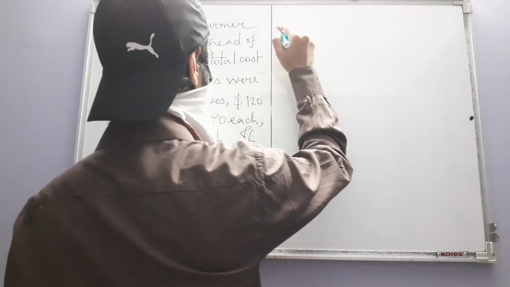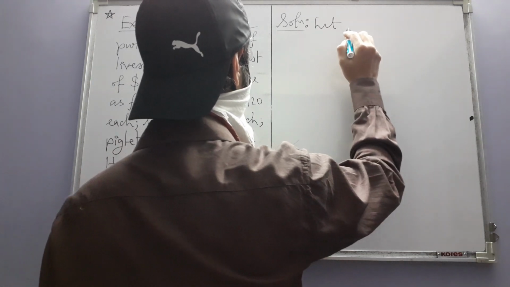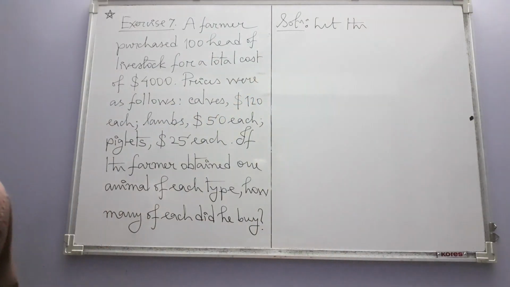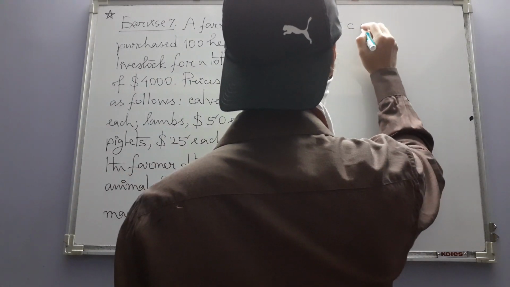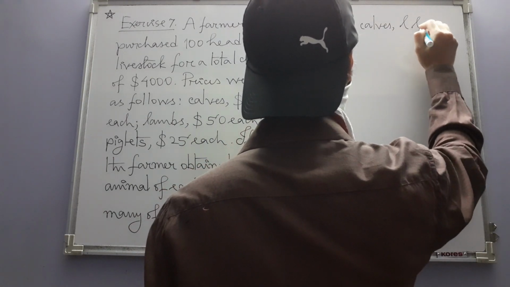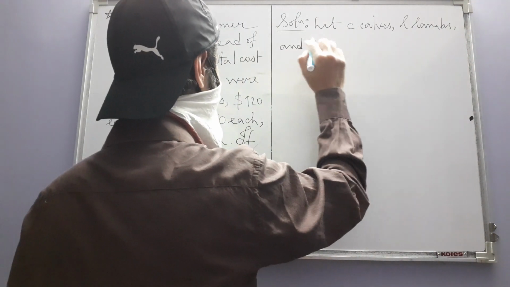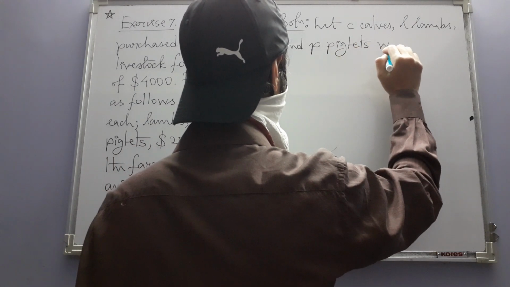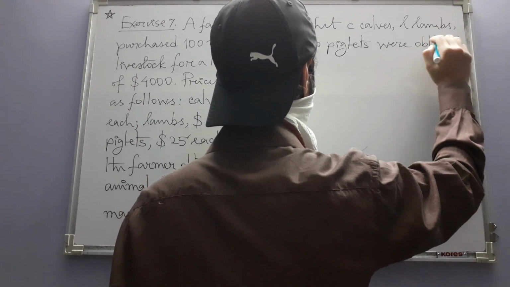Okay, so the solution of course starts like this. Let C calves, L lambs, and P piglets were obtained.